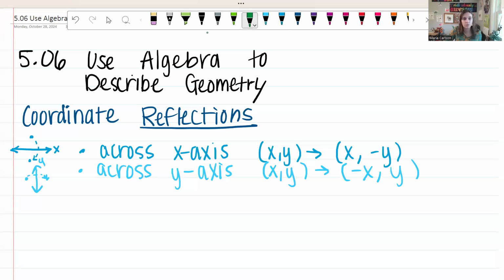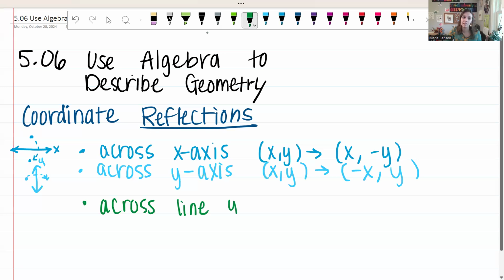Now we can also talk about reflections across diagonal lines. So we can reflect across the line y equals x, which is a diagonal line that has a slope of 1 and goes through the origin. If you have a point on this side, it would reflect over to the opposite side.